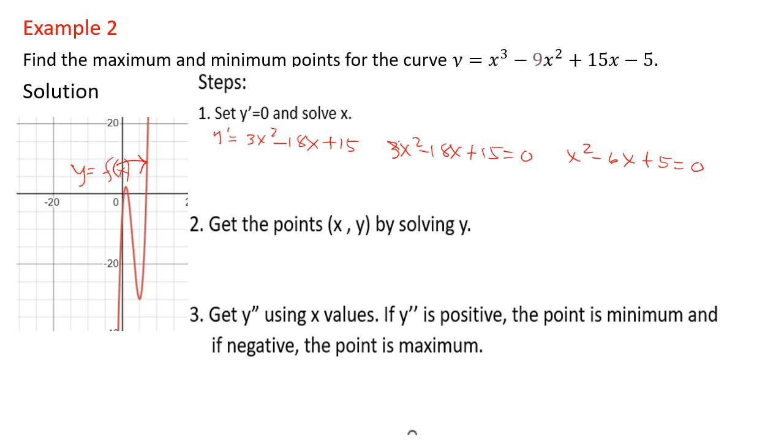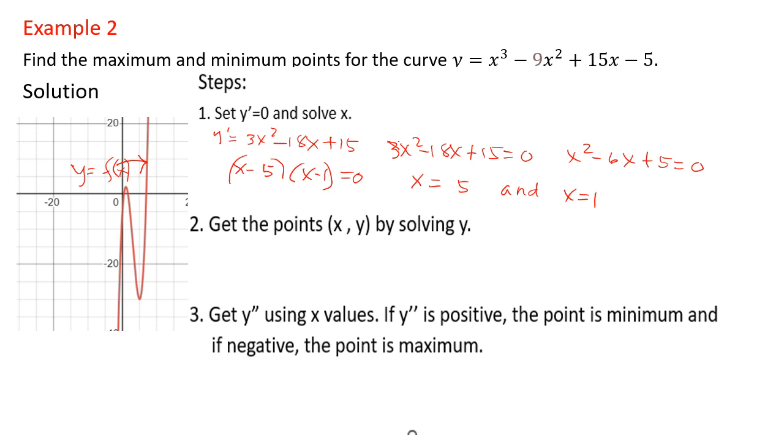So how to get x? Factor: x minus 5, x minus 1 equals 0. So you have x equals 5 and x equals 1. Get the points x, y, solving for y.